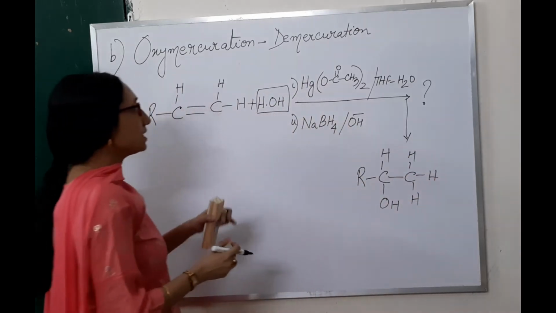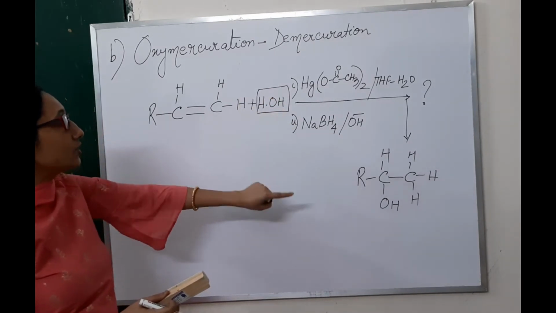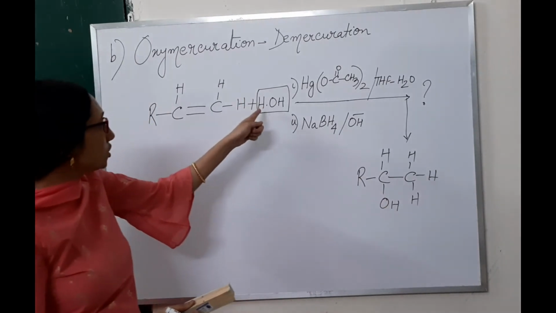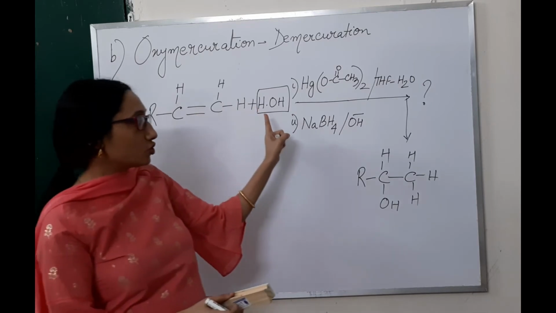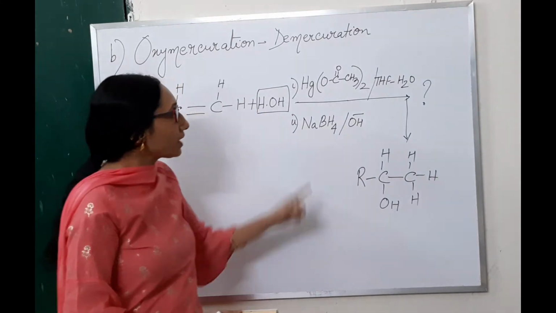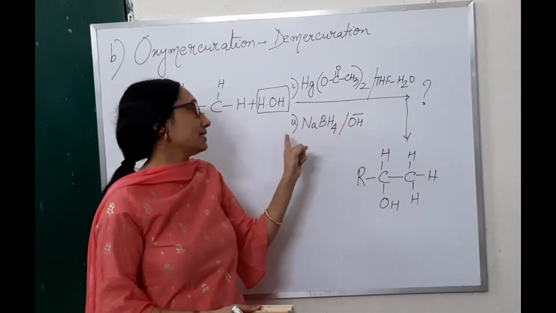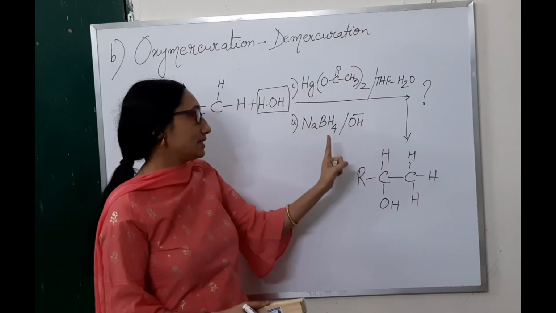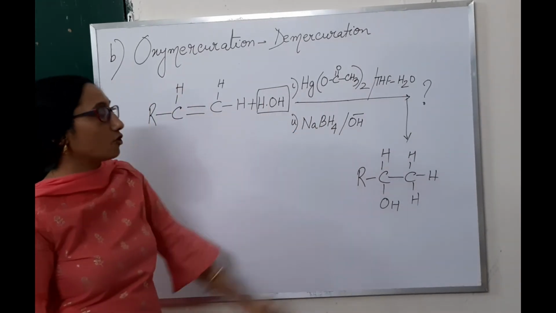So this oxymercuration and demercuration will lead to the Markovnikov's product. That means water will add to this unsymmetrical alkene according to Markovnikov's rule. Now this first step is oxymercuration and the second step is demercuration. Now let us see this stepwise. First you will write this equation in your copy.